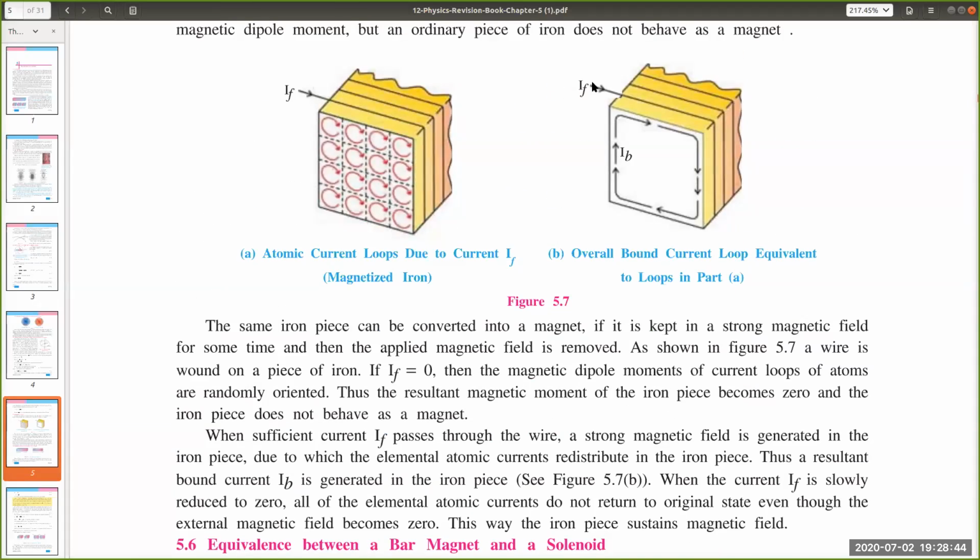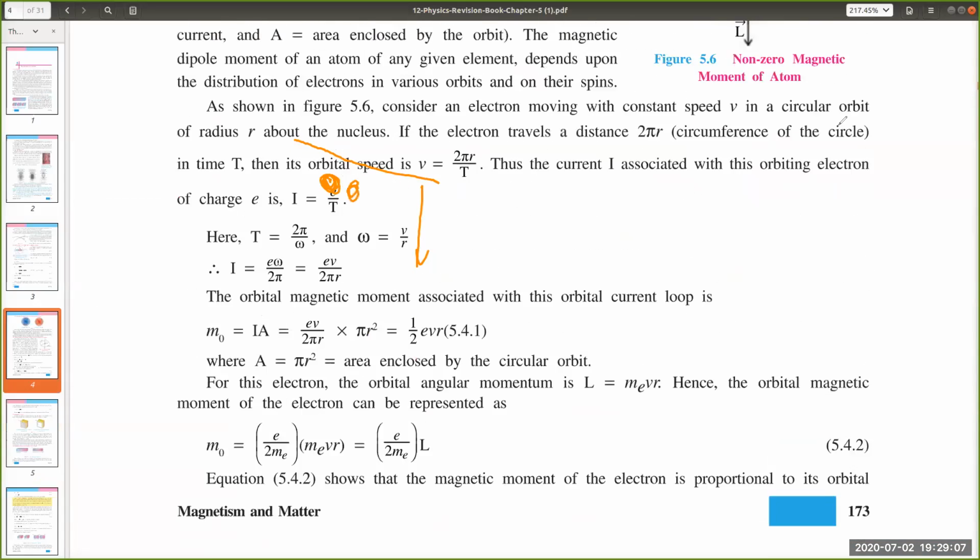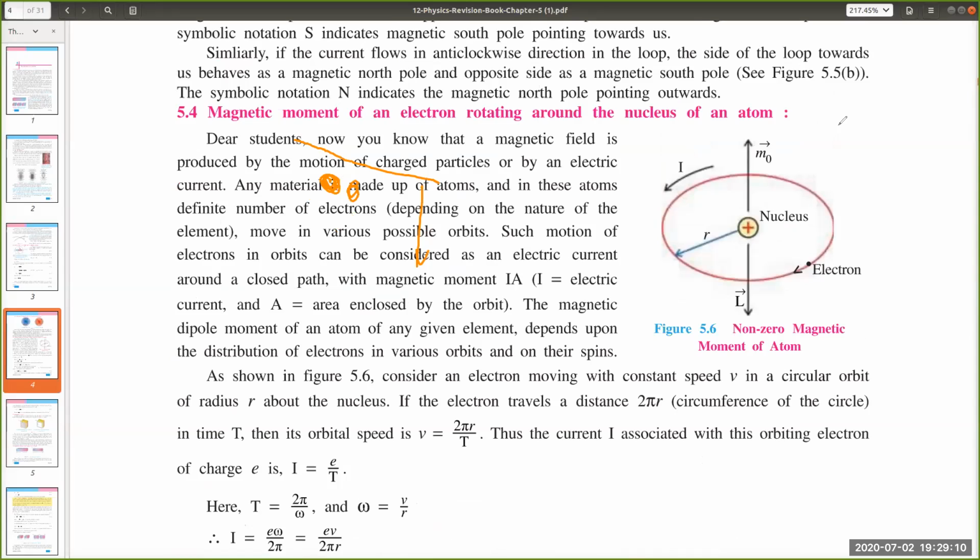Okay. So see what happens is, suppose there is an iron block, and you pass current through it. There are small atoms in it, and they have angular momentum and magnetic moment. See, in every kind of material, nuclei with revolving electrons are there, right?